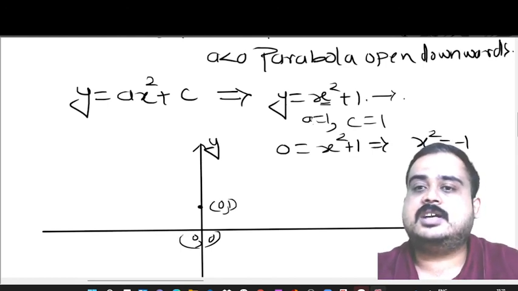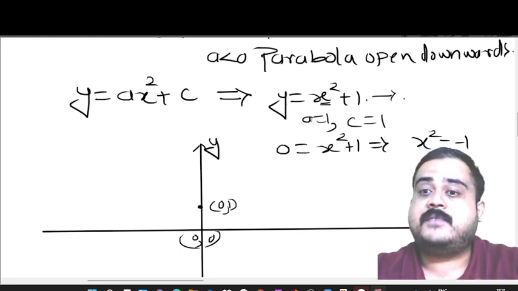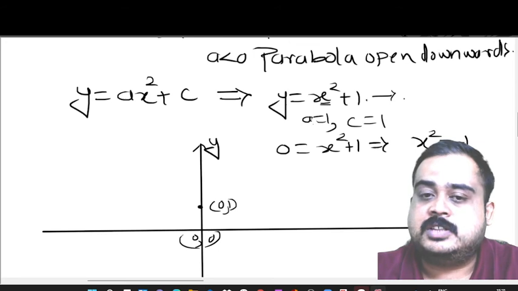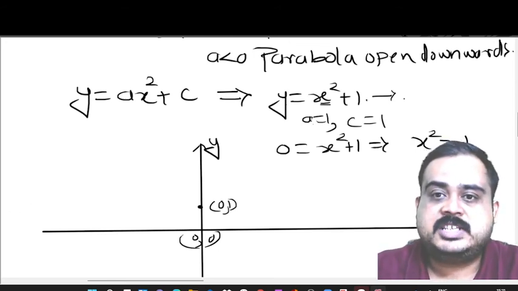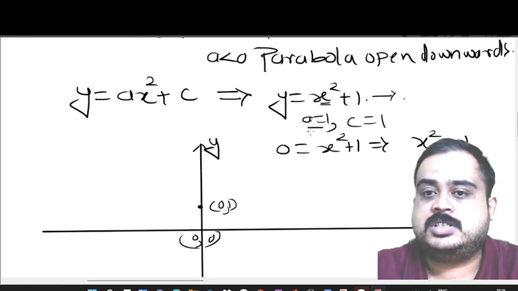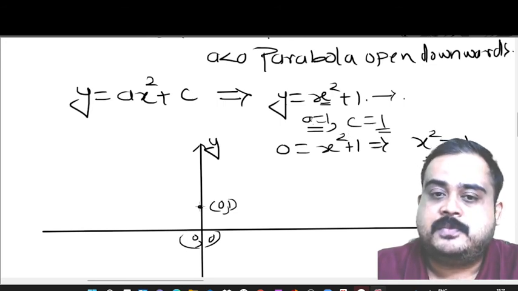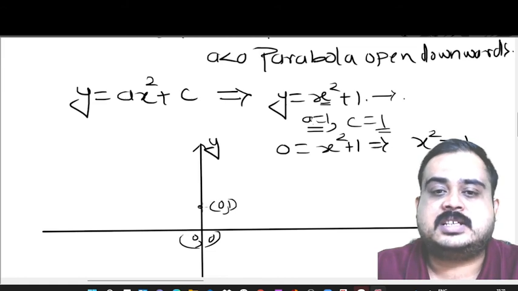Okay, so this is the condition for no solution, that is, we will not get a value of x, therefore the parabola will definitely not cut the x-axis. So we'll say that since a is greater than 0, a is positive, c is equal to 1, that is, this parabola is passing through this point, and the parabola is not cutting the x-axis.